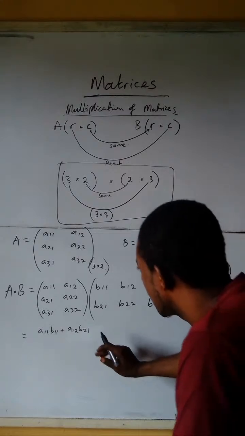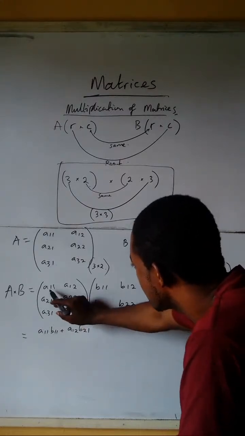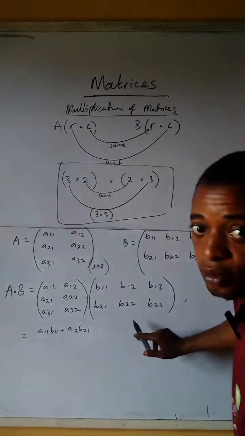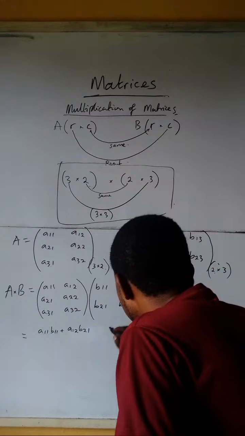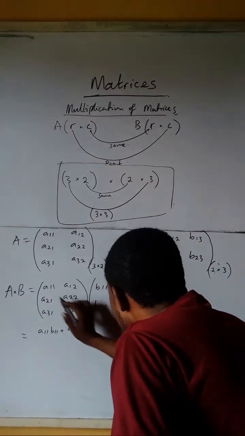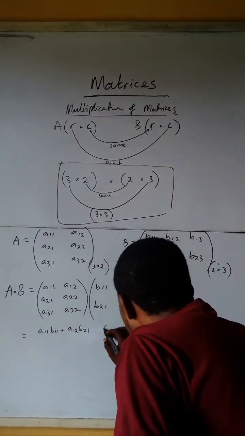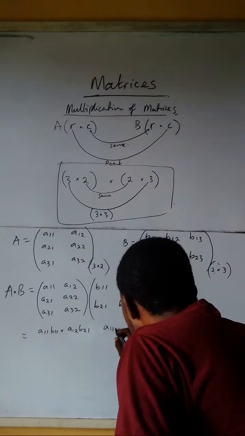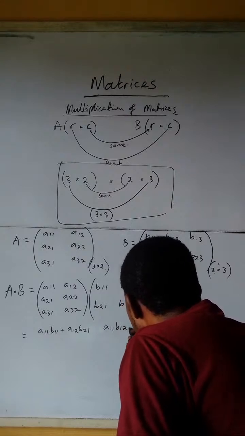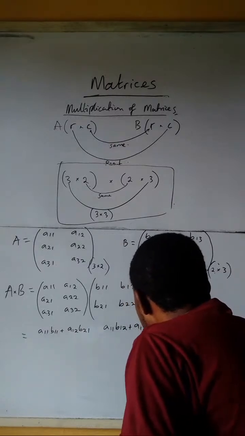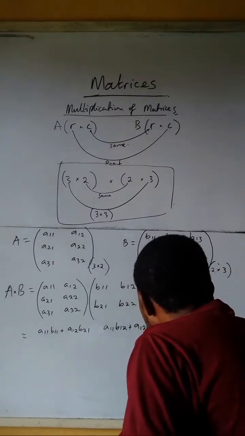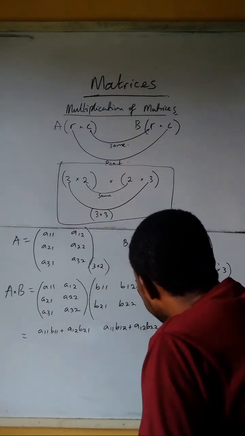Now, we use the same rule to deal with this second column. So this same row now multiplying the second column, the same thing. That's A11 times B12, then plus A12 times B22. So we have used this to deal with this column now.